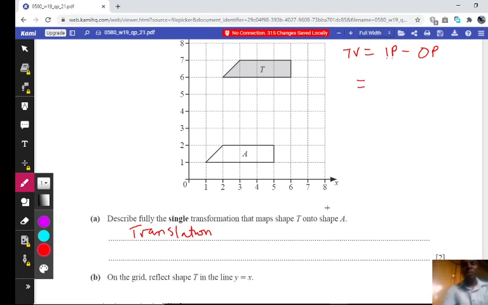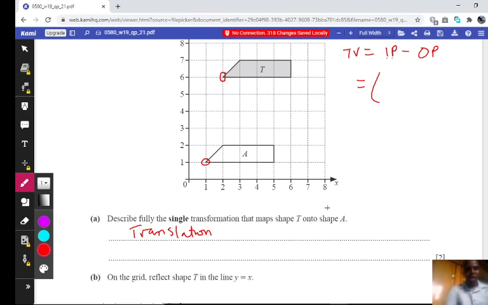So just pick any point that you want. For example, here you can pick this image point, which is 1 1, and this original point, which is 2 6.